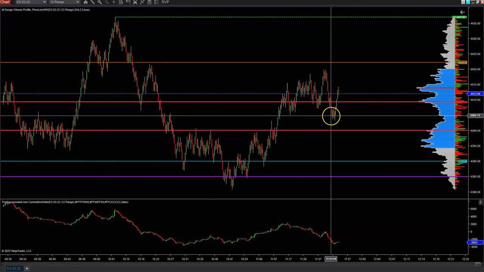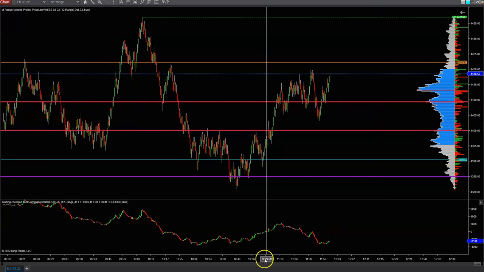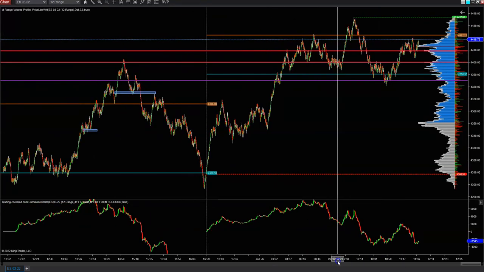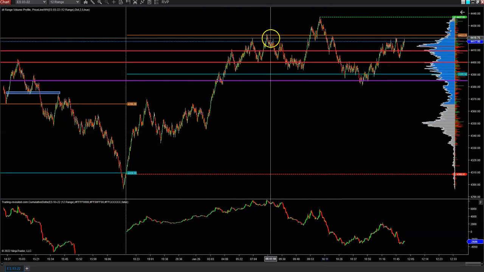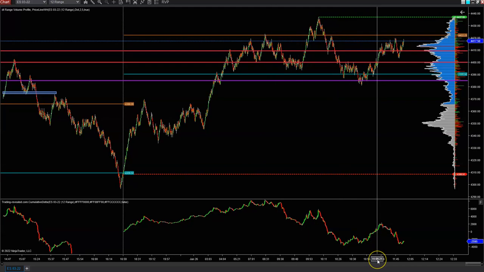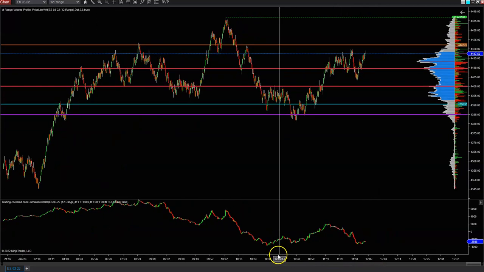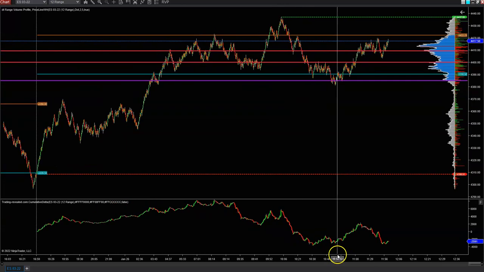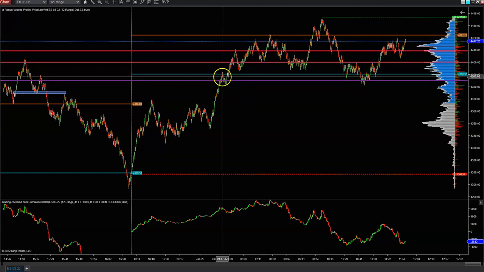Price to break a little lower here, but I'm trying to figure out what the market is doing right here. All right. Let's see.